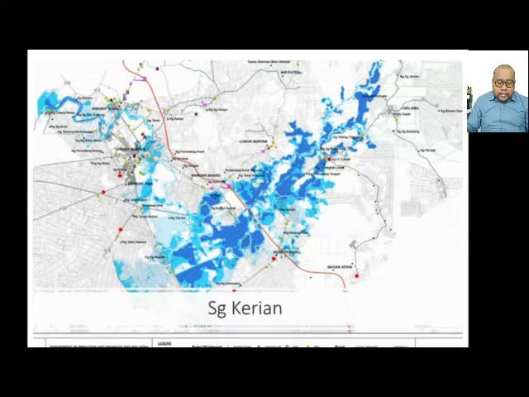You can see we can know which location or area has a high risk, where the occurrence of flood will be higher. If you look at the dark blue areas, those are high risk areas. And the light blue ones are areas with lower risk, but flooding will still occur.